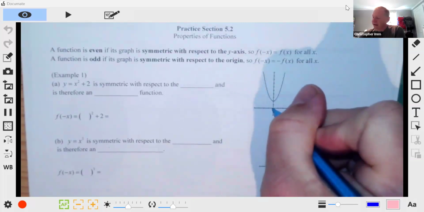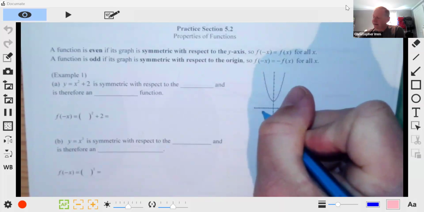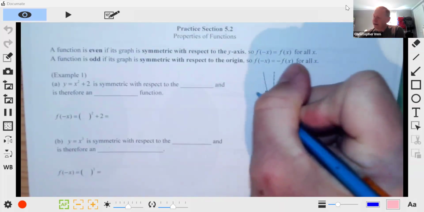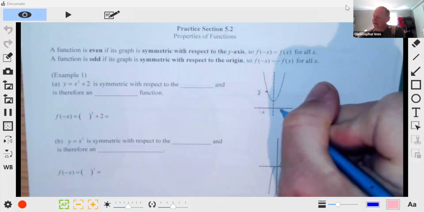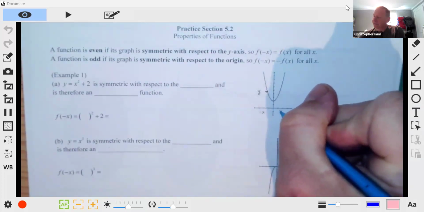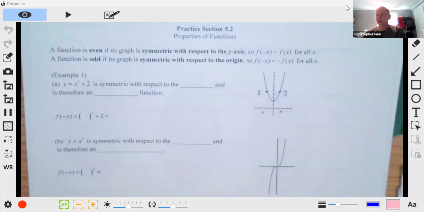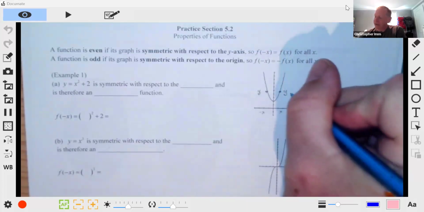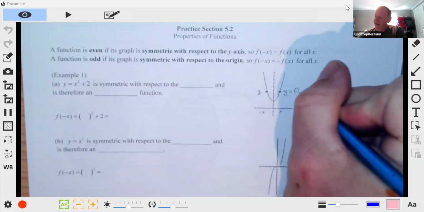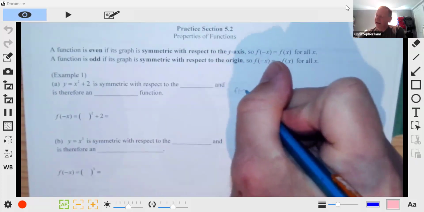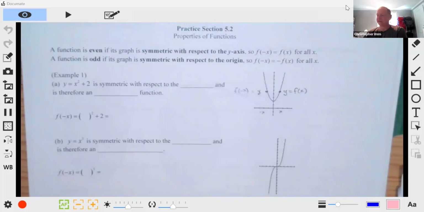If I plug in some value of negative x, and get a y value here, and if I plug in that positive x, I'm going to get the same y value here for all values of x. So what that means is f of x is equal to f of minus x for all values of x.